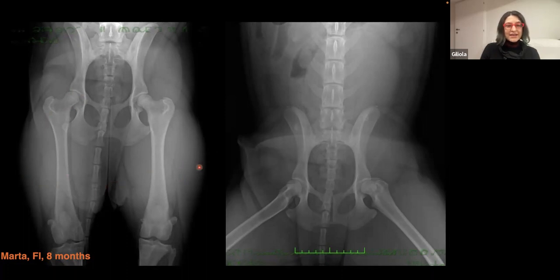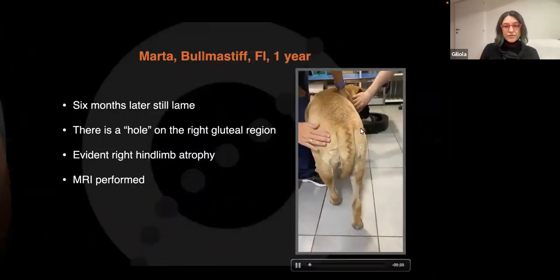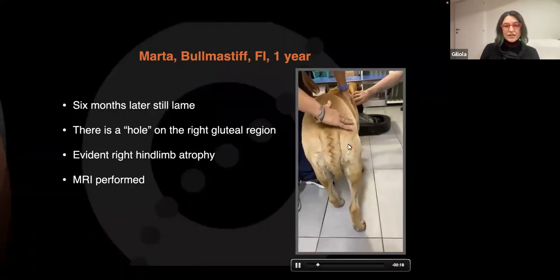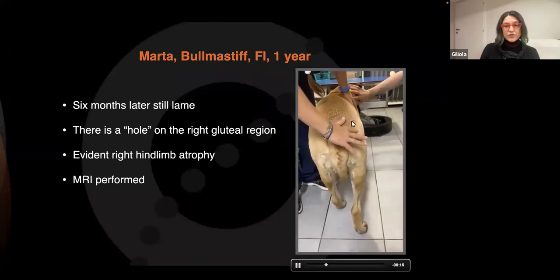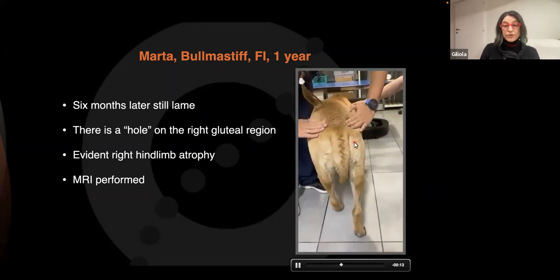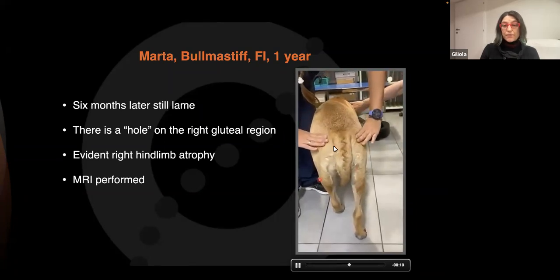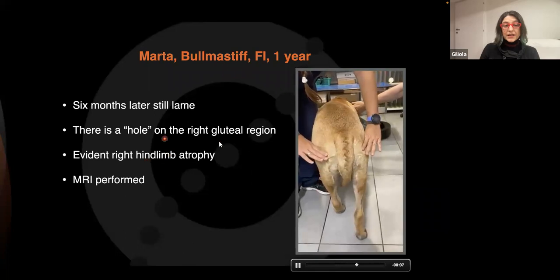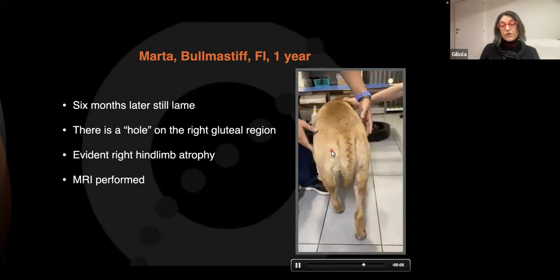There is a big muscle on the left side, and the muscles are much less developed on the right side. And at a certain point, she developed a depression in the dorsal aspect of the gluteal region. There was like a hole. And look how thin the right limb is compared to the left limb. And due to that, I went to a neurologist.